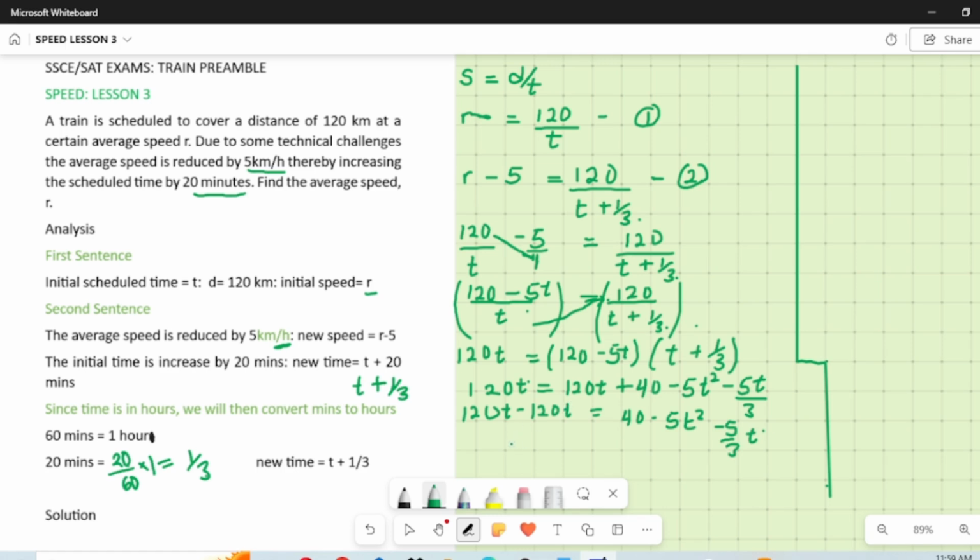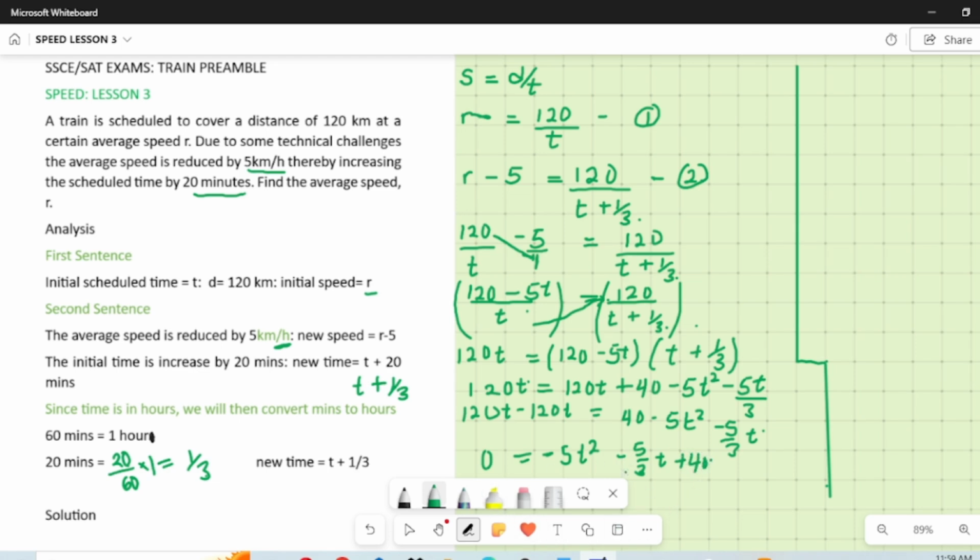So this and this is gone, so we have 0 is equal to, now let's rearrange it, minus 5t squared minus 5 over 3t plus 40.